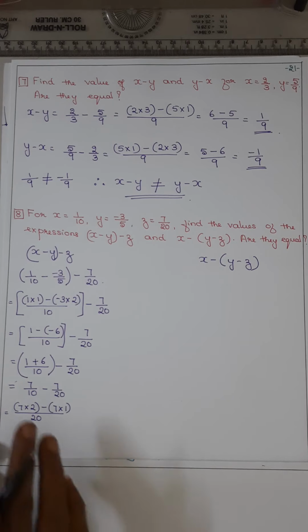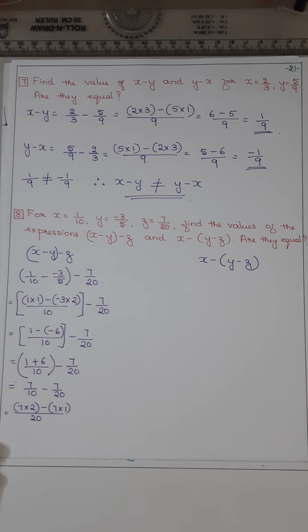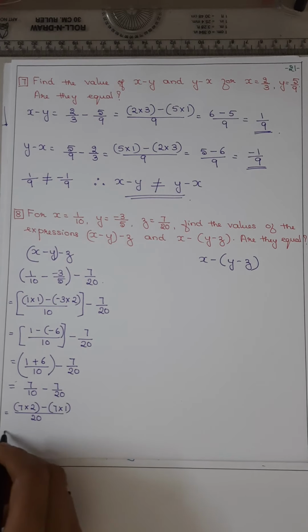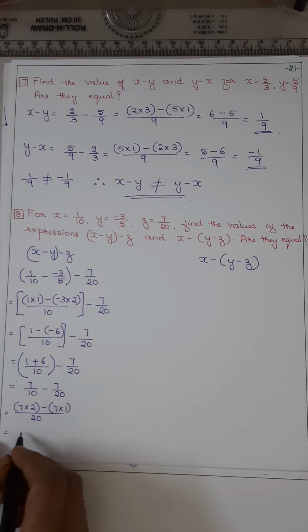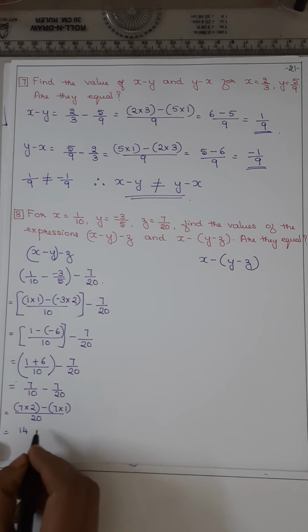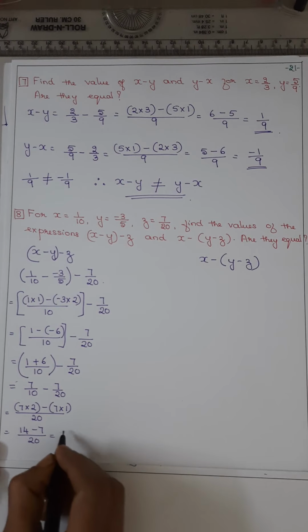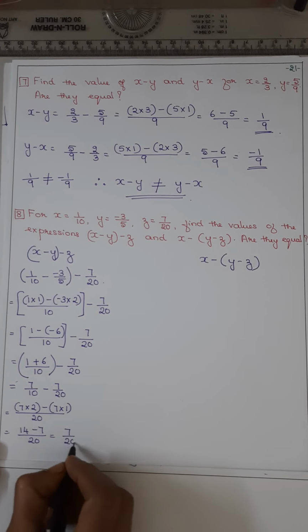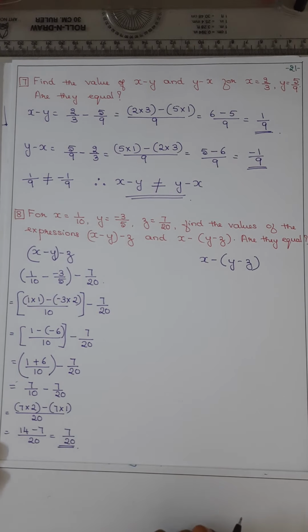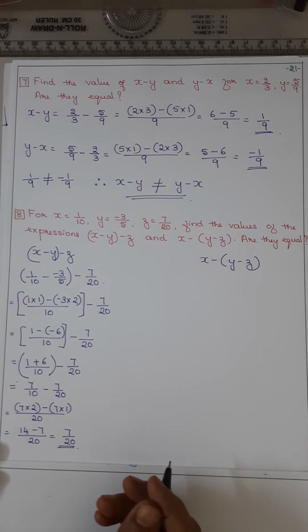Write the numerator, ask the denominator, and multiply by the number that comes. So 7 2s are, it is 14 minus 7 upon 20, that is 7 by 20. Okay, so you got x minus y minus z.